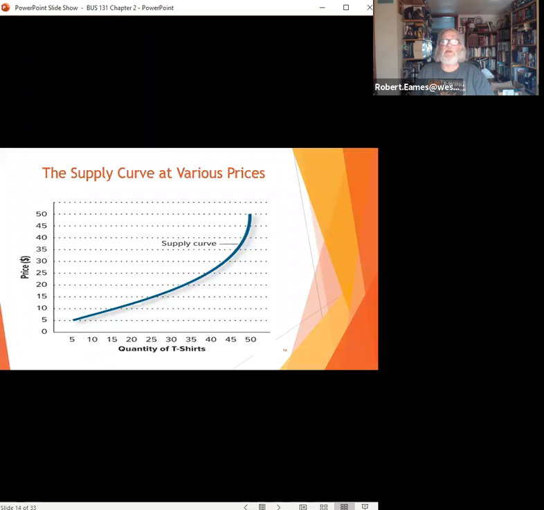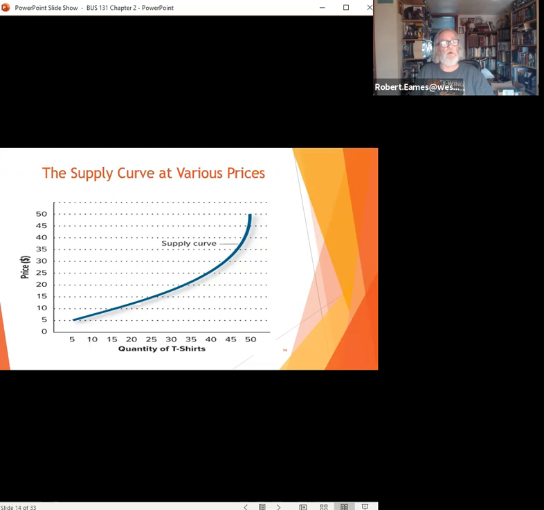Here's our supply curve. Notice that the price is on the left, and across the bottom is the quantity. And so we're looking at the supply curve for t-shirts here. What's interesting about a product like this is, generally when we look at a supply curve, for most products, this is a pretty typical curve. And so it's a common one that we see out there a lot.